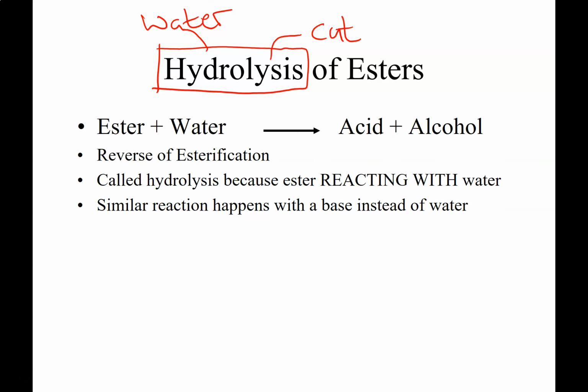So it's the reverse of esterification. It's called hydrolysis because the ester is reacting with water. And a similar reaction happens with the base. If you use a base here instead of the water, a base such as NaOH or sodium hydroxide, that's what we would refer to as base hydrolysis of an ester.